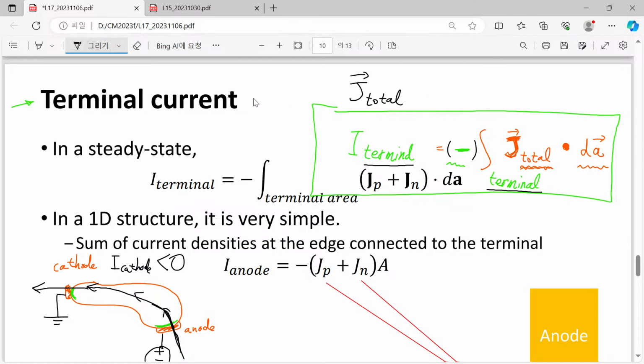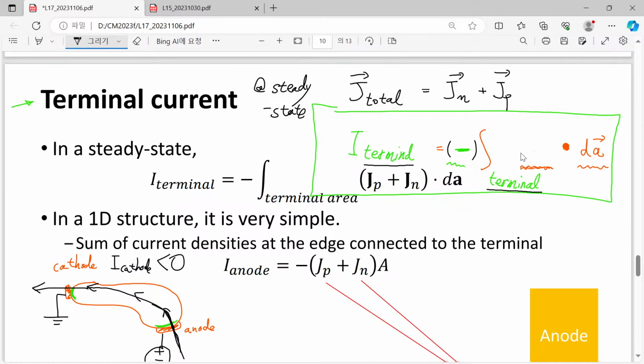Then at steady state, in this simulation, we can say that this total current density can be regarded as a sum of Jn and Jp. So simply speaking, let me just write it down in this way.